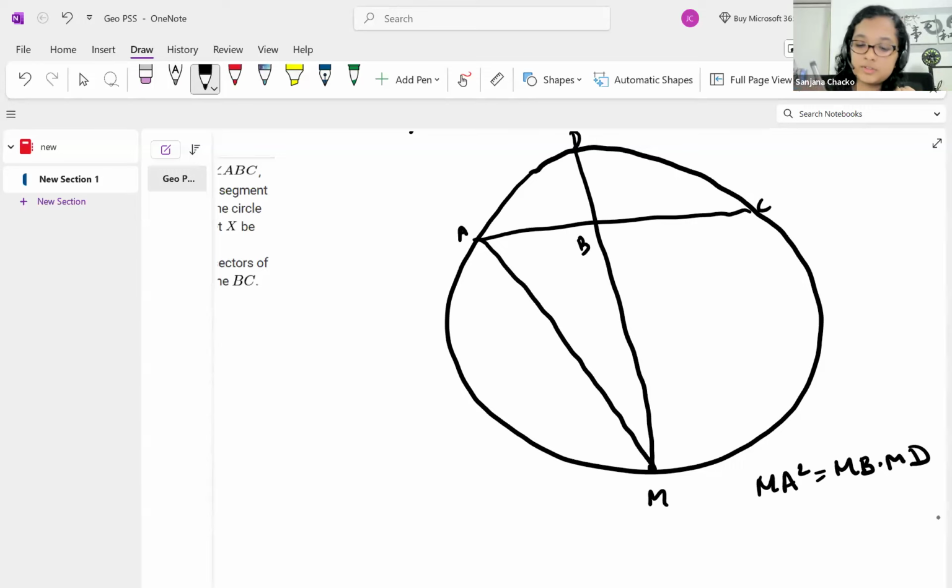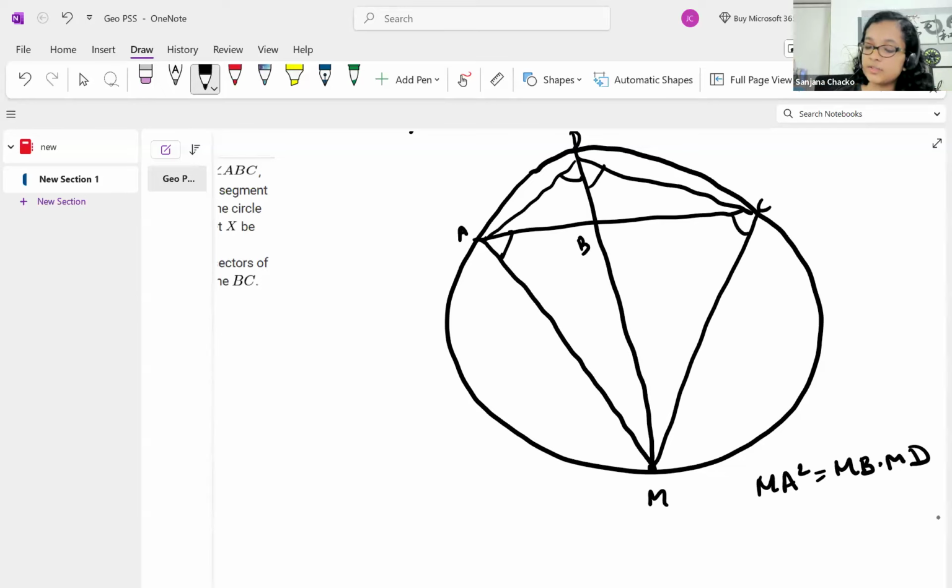And you can just prove this because of the angles. So these angles are all equal because it's the midpoint of arc. And so you get this power of a point relation because of the similar triangles.